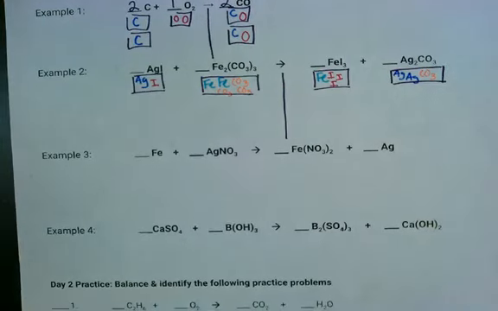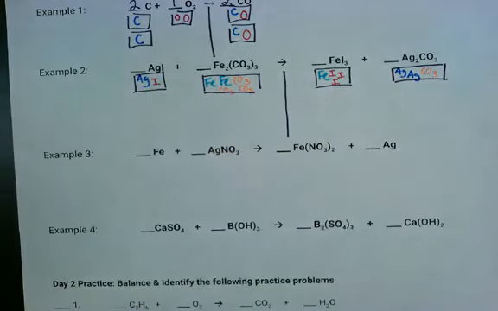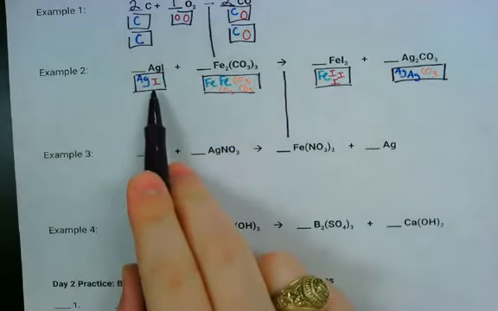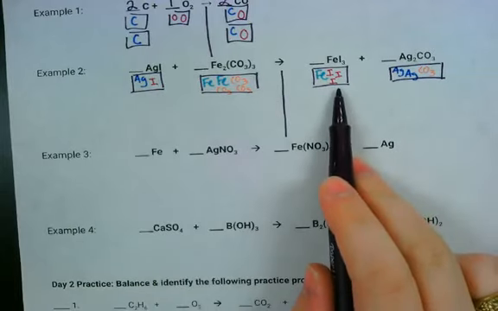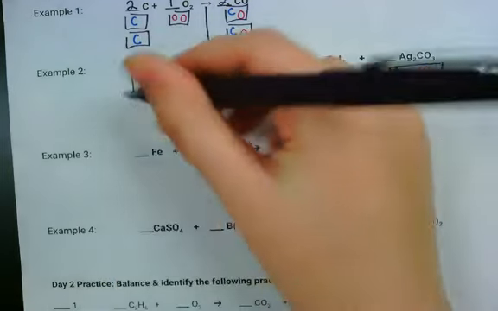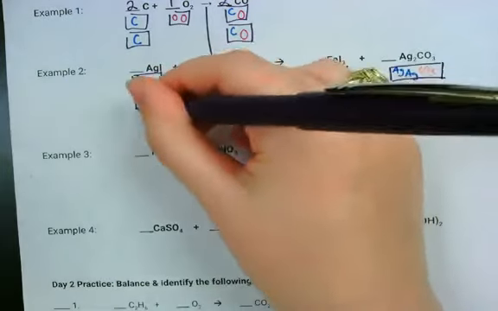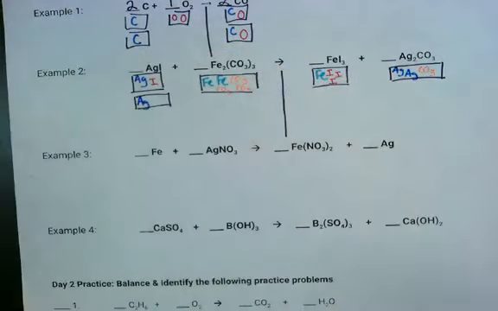So, you can pick just about anywhere. What I'm going to do is I'm going to start with the iodine. Okay? So, I have 1 I over here and 3 I over here. So automatically I know that I need to add at least 1 more box over here. So I'm going to do that. And remember, everything in the box.